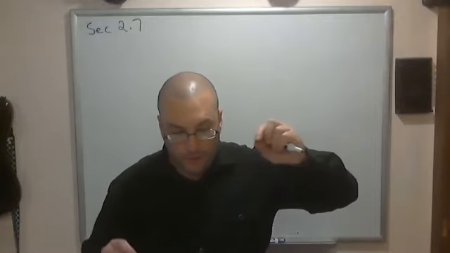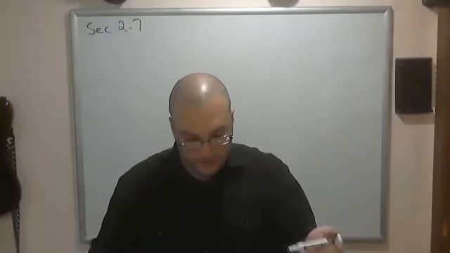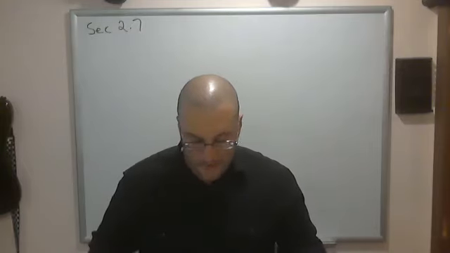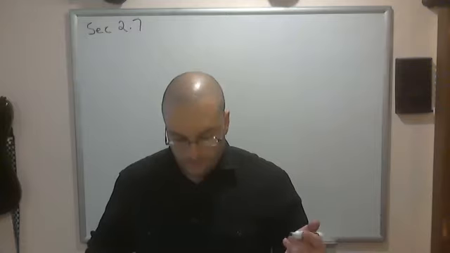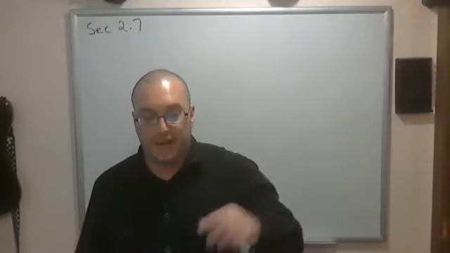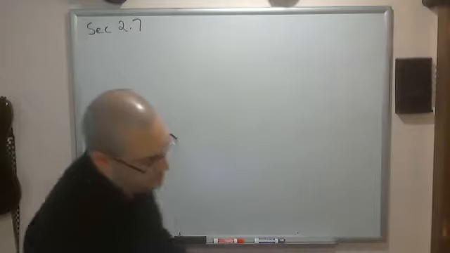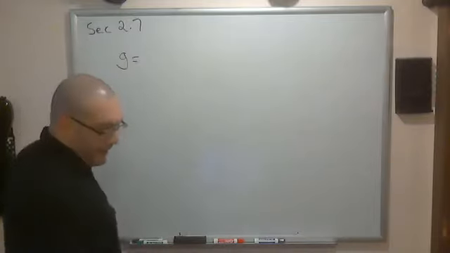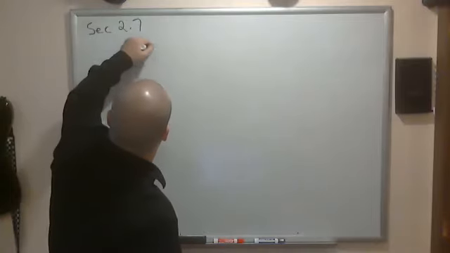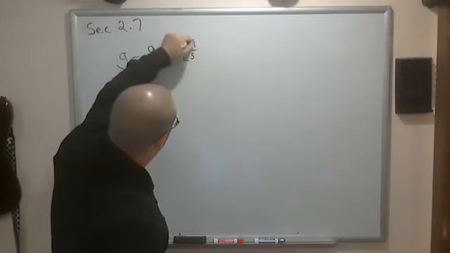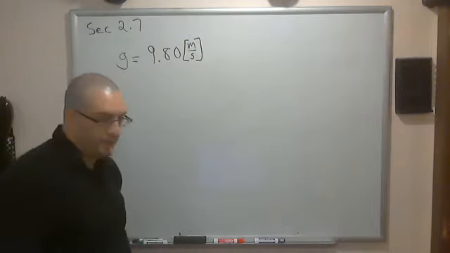If you drop a feather and a ball, it'll fall at different rates, right? But once you remove the air, they'll fall at the same rate. So no matter how heavy the object is, it will accelerate at the same rate, and that acceleration is called g, and it is equal to 9.80 meters per second.